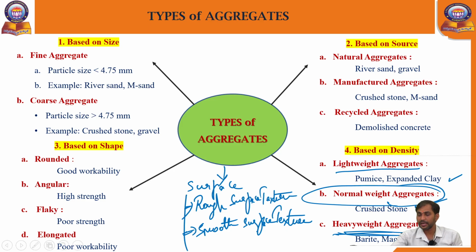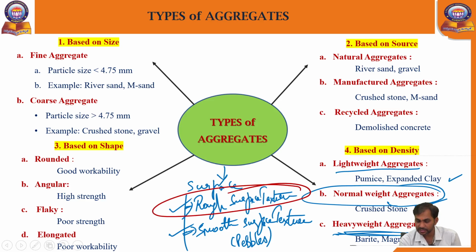Mostly aggregates are available with a rough surface. What about the smooth surface? Pebbles, small stone particles available in the sea areas, seas, samudram, have a smooth surface texture. But from the construction point of view, the most useful is the rough surface texture.